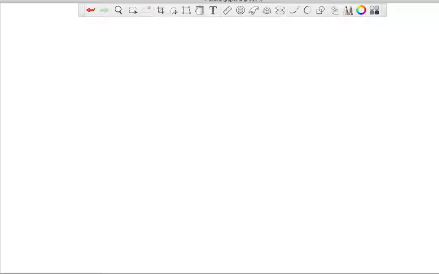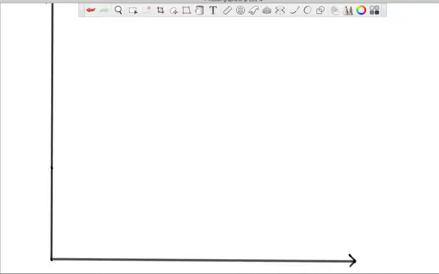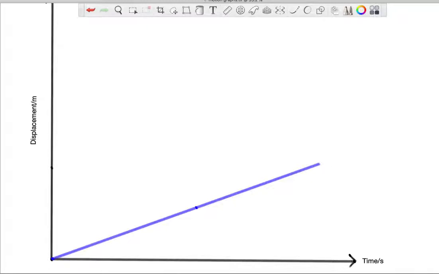Let's now look at the graphs. So here I have a straight line, and at the moment we don't know what kind of graph this is. So let's say it is a displacement time graph.